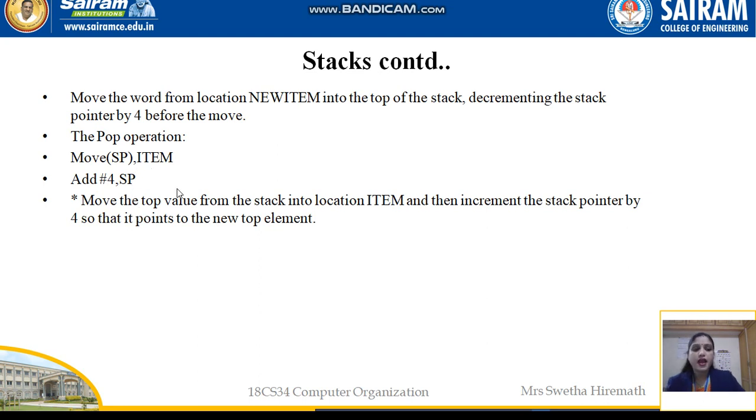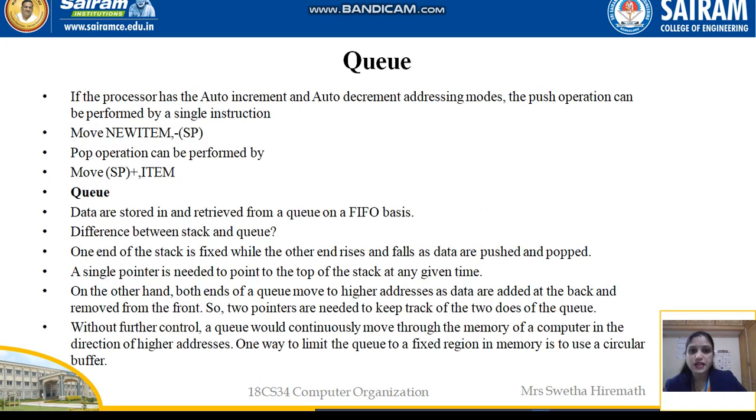That is, the item has been removed from the list and the stack pointer is made to point to the next element, which now becomes the top element of the stack. So we have moved the top value from the stack into the location item and then incremented the stack pointer by 4 so that it points to the new top element. These are the two operations which we perform on a stack, that is push and pop.